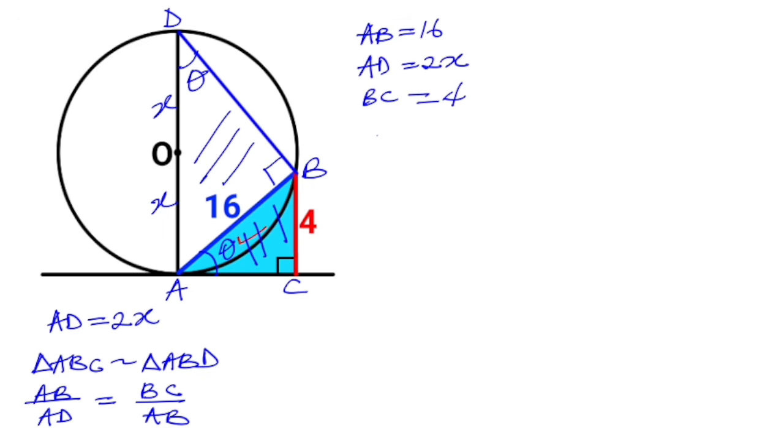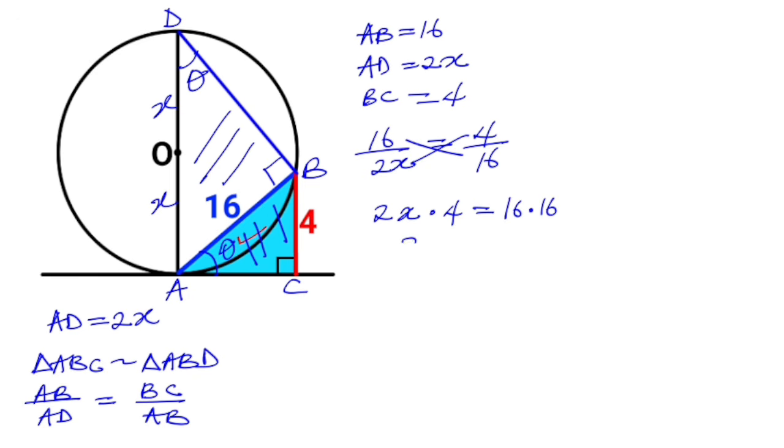Substituting these values in the above expression will give us 16 divided by 2x is equal to 4 divided by 16. By cross multiplication, 2x times 4 is equal to 16 times 16. 2x times 4 is equal to 8x.